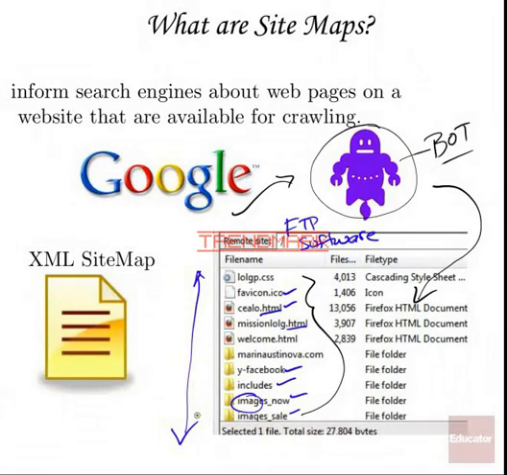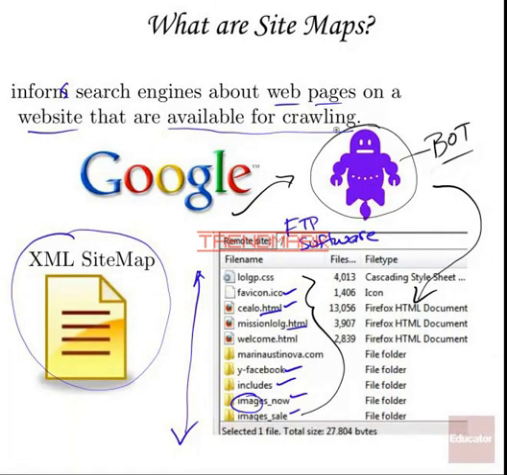We're going to let them know ahead of time what's in the directory with the help of what is known as a sitemap, an XML sitemap. An XML sitemap informs the search engines about web pages on a website that are available for crawling.